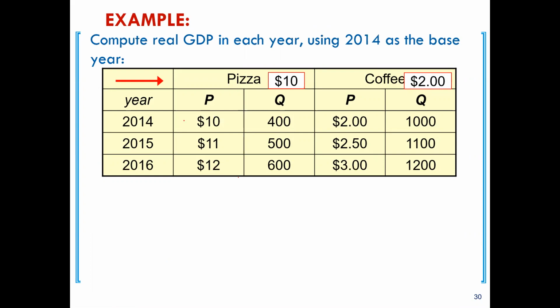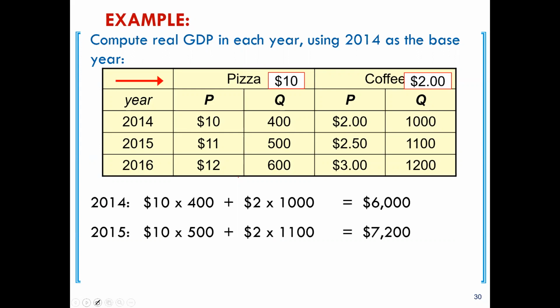The base year's price for pizza is $10, and the base year price for coffee is $2. So in 2014, the real GDP would be $6,000, just like the nominal GDP, as we said earlier on.